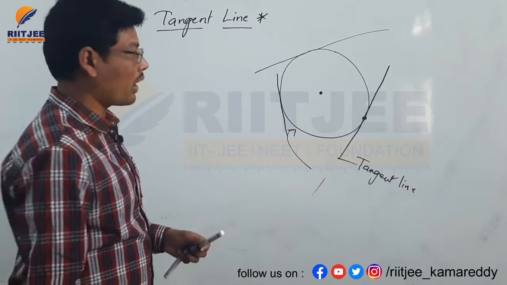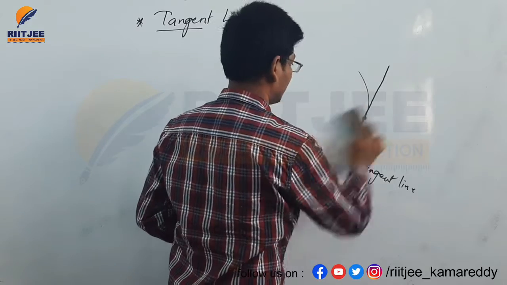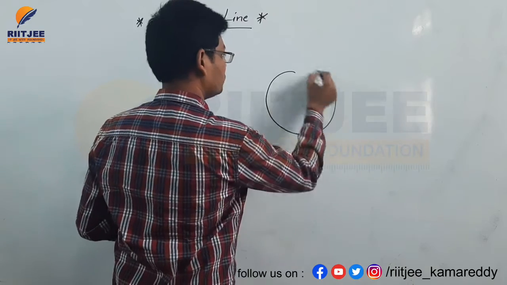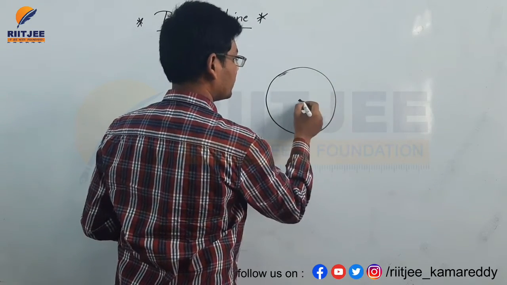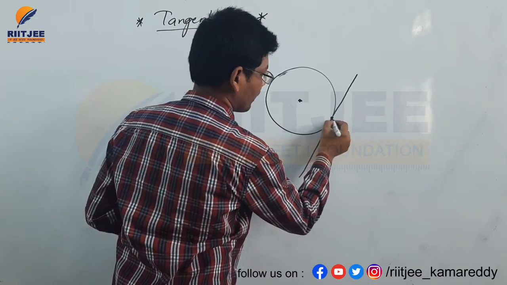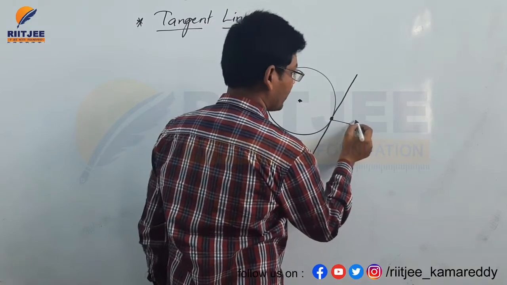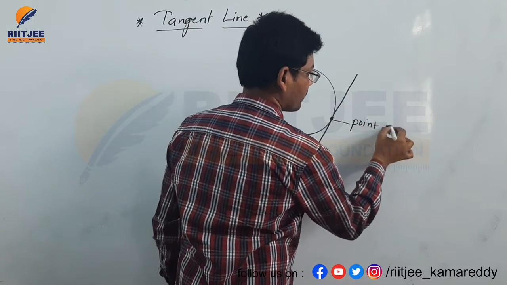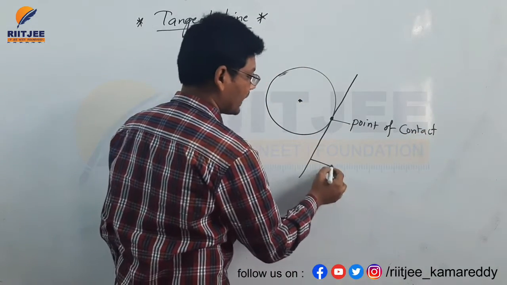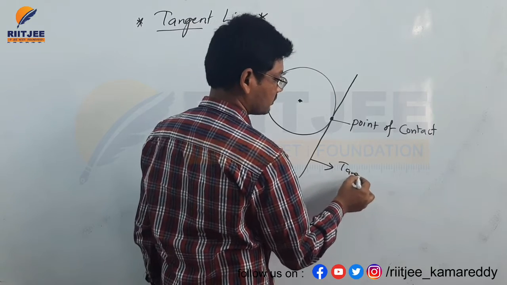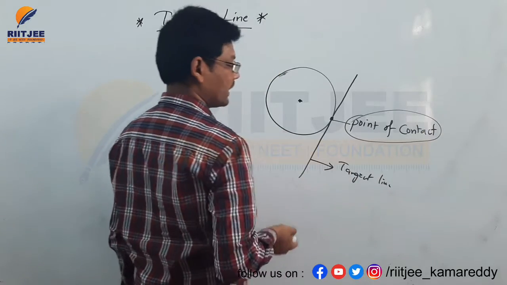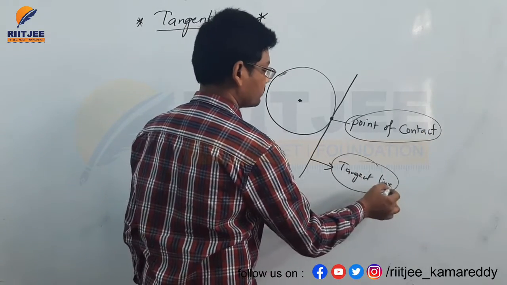The point at which a tangent line intersects the circle is called the point of contact. This single point is called the point of contact and this line is called the tangent line.